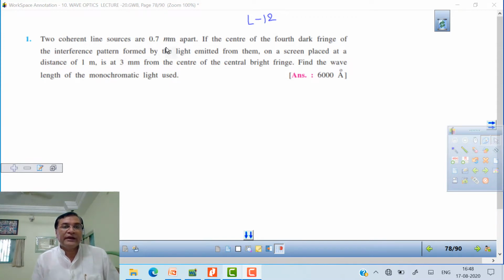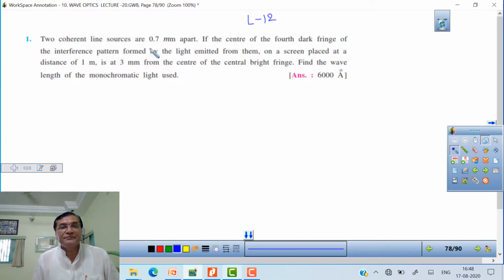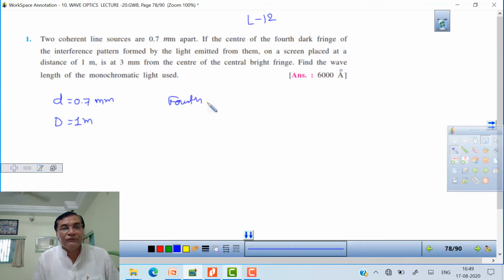Two coherent light sources are 0.7 millimeter apart. So we have small d is equal to 0.7 millimeter. The center of the fourth dark fringe of the interference pattern formed by the light emitted from them on a screen placed at a distance of 1 meter, that is capital D is 1 meter, is 3 millimeters from the center.